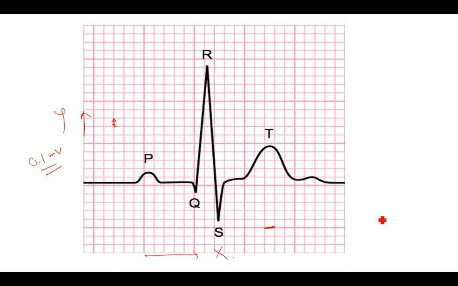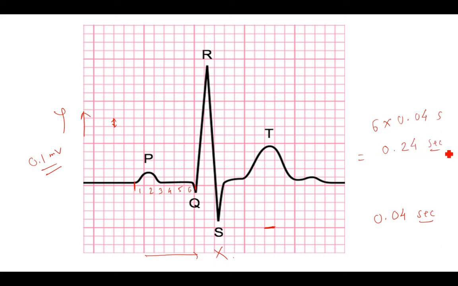So to calculate the PR interval here, from the start of the P wave to the beginning of Q, we have 1, 2, 3, 4, 5 and 6 small squares, that is 6 into 0.04 second, equal to 0.24 second. That is the PR interval in this example.